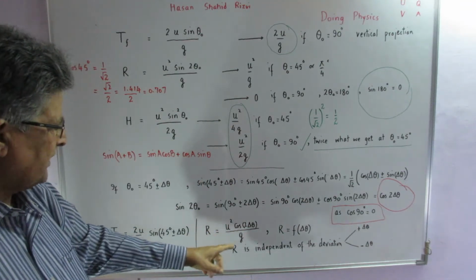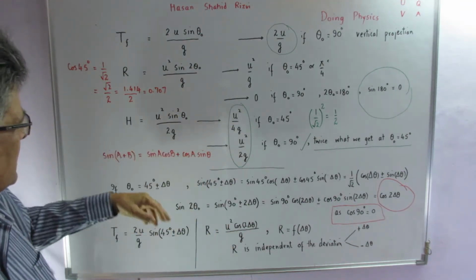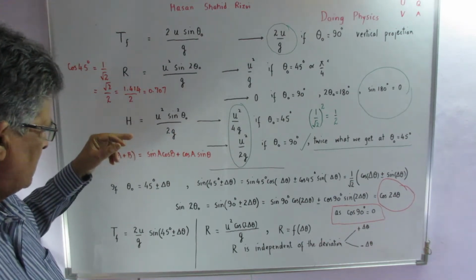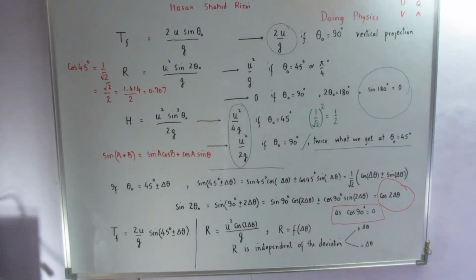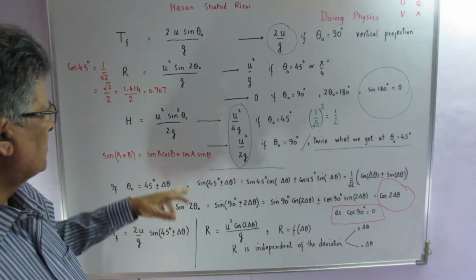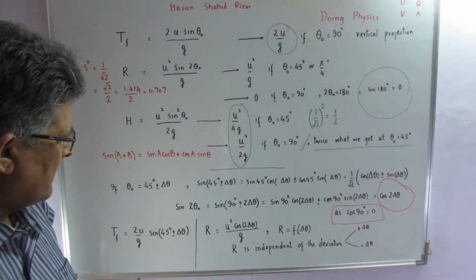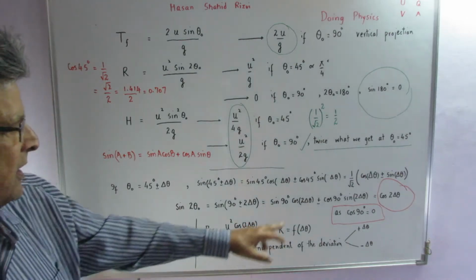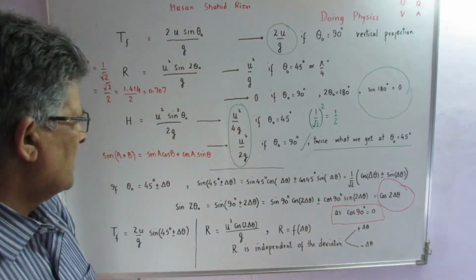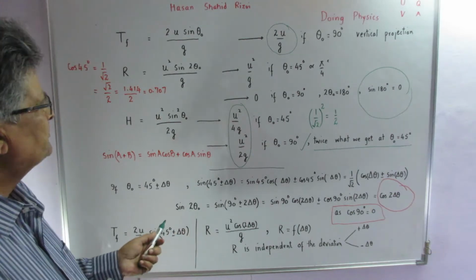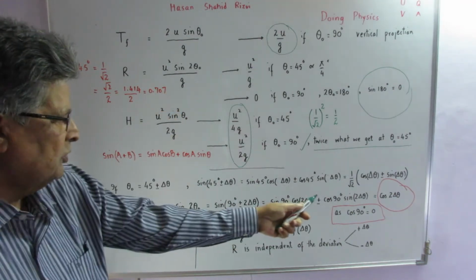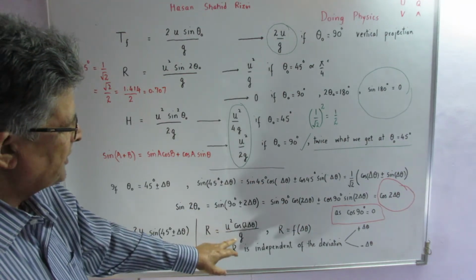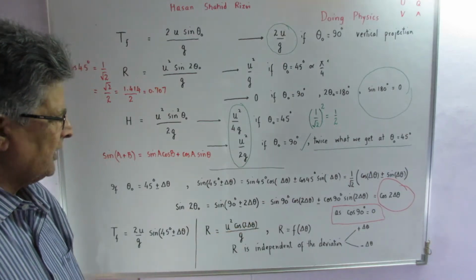So now I write this because the range turned out to be equal to u square, and sine of 2 theta naught is equal to cos of 2 delta theta, which we obtained over here. So I get this relation as R is equal to u square upon g into cos of 2 delta theta.